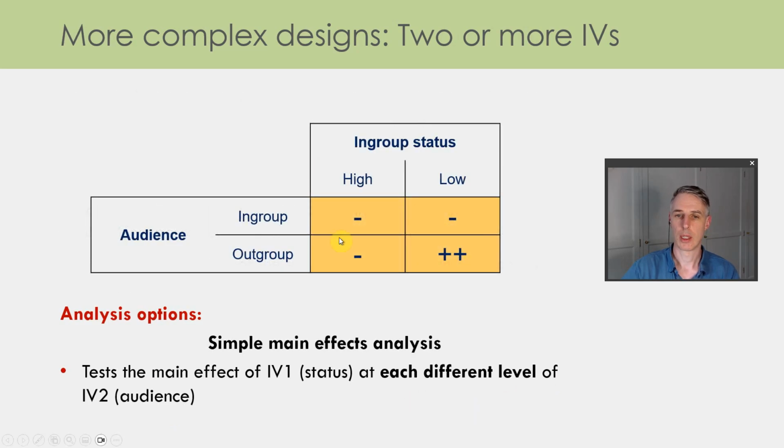In schematic terms again, whereas the overall main effect of status involves looking at this difference collapsed across in-group and out-group audience conditions, the simple main effects analysis involves looking at the effect of status specifically in the in-group audience condition and then specifically in the out-group audience condition.